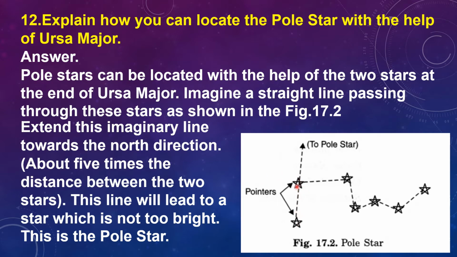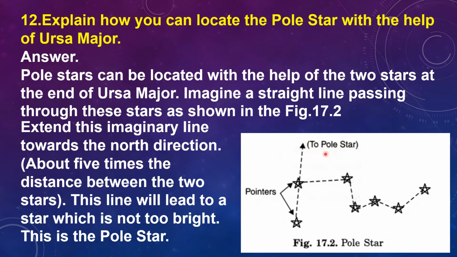This line will lead to a star which is not too bright. This star is known as the pole star. So this is the location of the pole star.